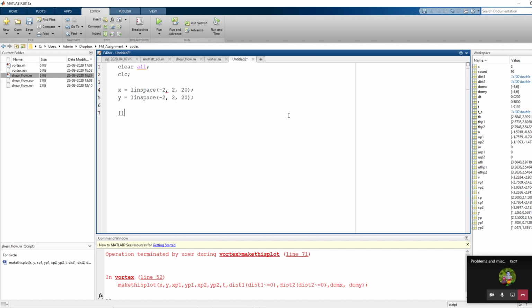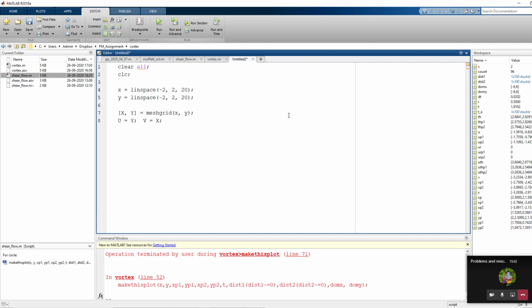Then I will define a mesh grid. I'll explain what these terms are, don't worry. And I'll define the u velocity, which is basically y, and the v velocity, which is essentially x. I've chosen s equal to 1 in this case.